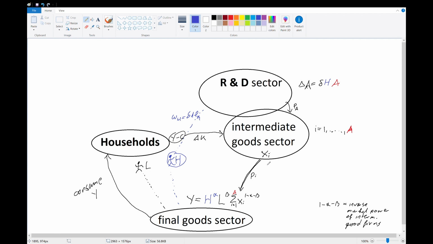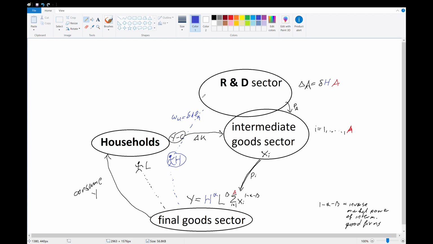So now you might have already some ideas what might drive growth in this model. Okay, one of them is if human capital is fixed, then the key feature will be how much human capital is available for the research and development sector. This will depend on the marginal productivity of human capital in the final goods sector.